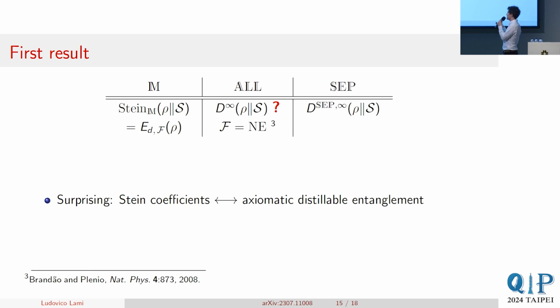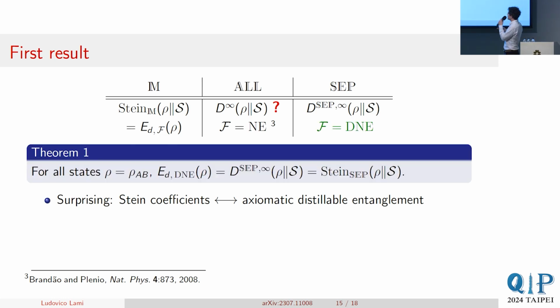First of all, this is surprising because it's a connection between the Stein coefficients and the world of axiomatic entanglement distillation. And this was, I think, conceptually one of the nicest things about this paper by Fernando Brandao and Martin Plenio. But then you could also ask yourself, what happens to this bottom right corner of this table? And it turns out that you can solve this one too.